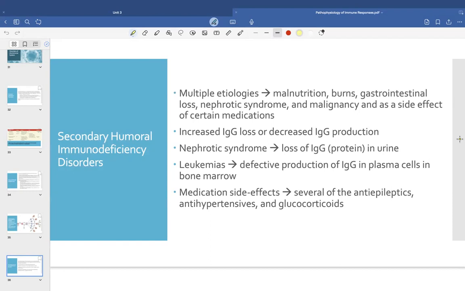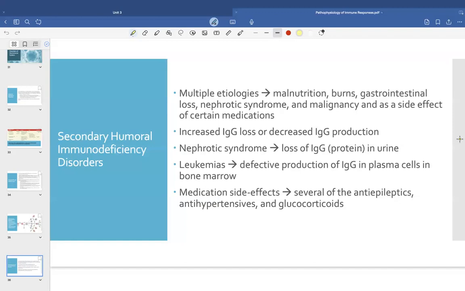Albumin is a major protein molecule, a major transport molecule, and you lose a lot of protein and a lot of plasma. So you're going to be losing your immune factors, anything that's circulating in your plasma, when you have significant burns.